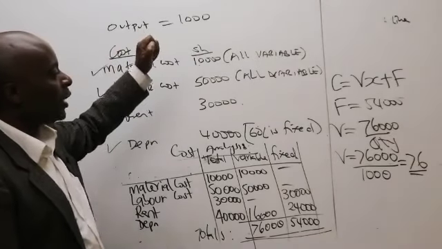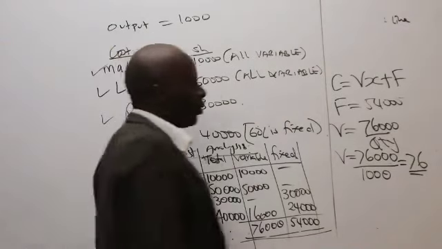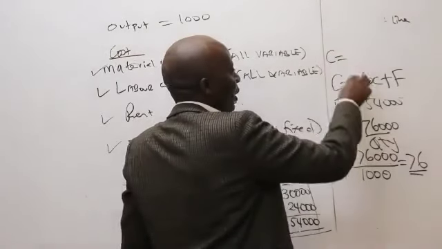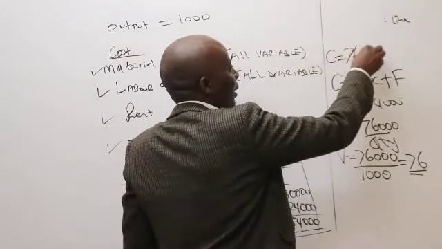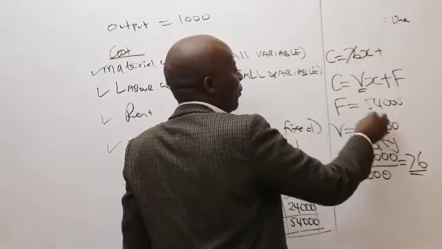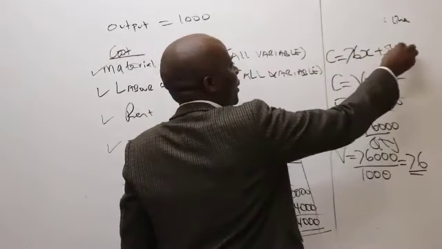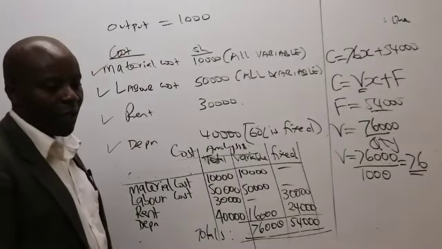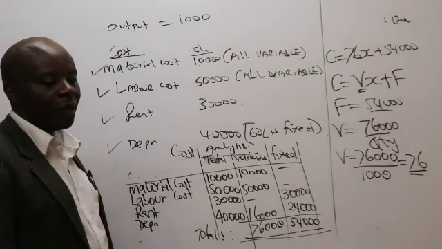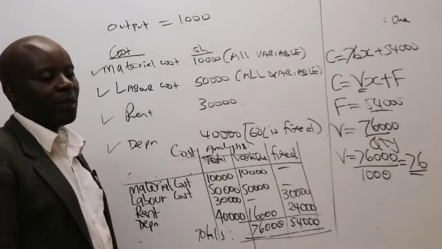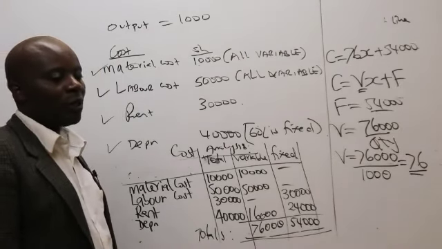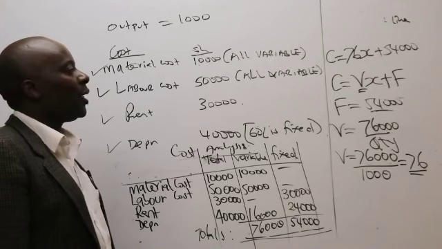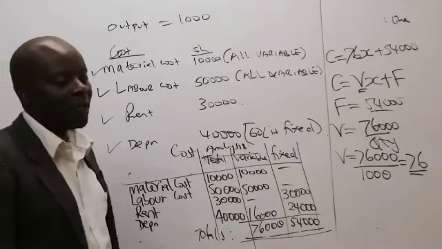So, ladies and gentlemen, if that is the case, then my C will be 76x plus the fixed cost of 54,000. Now we have a cost equation. With this cost equation, we can very easily do a prediction.